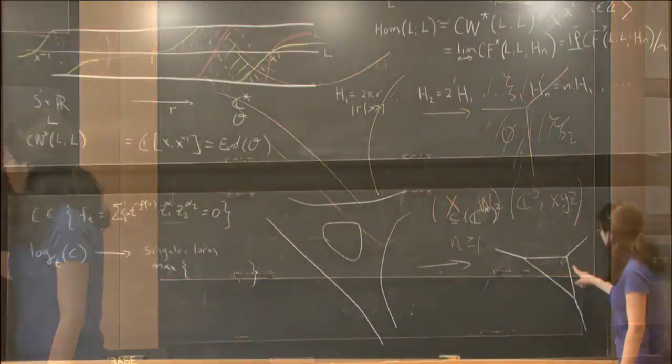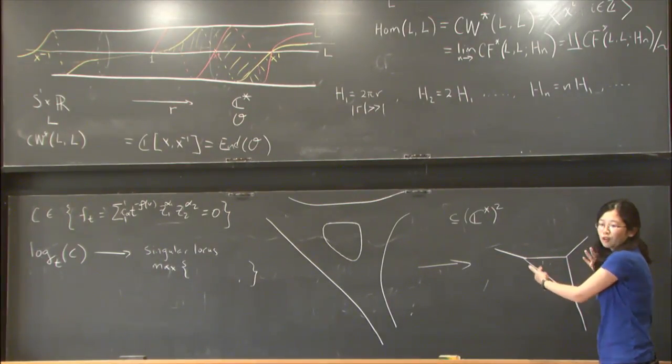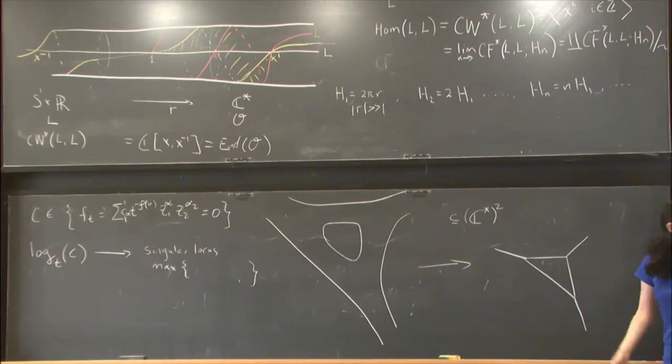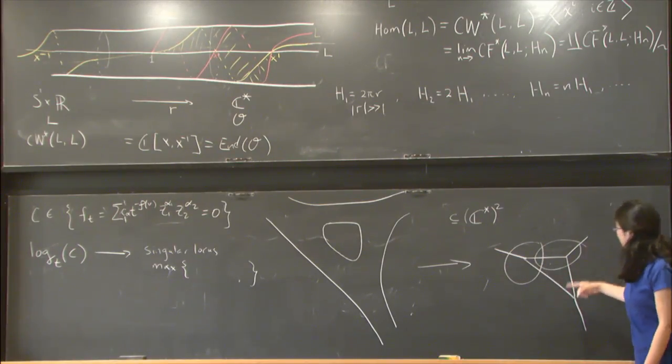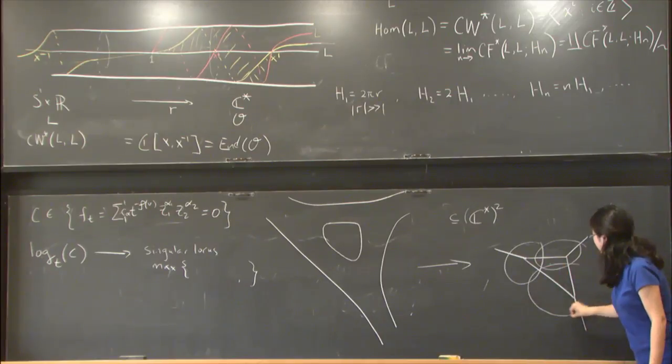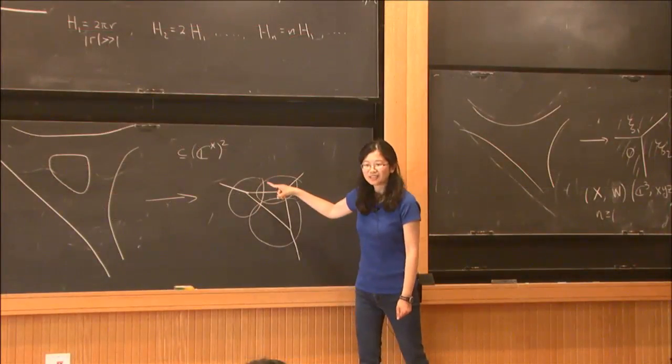There are some functions we can put on this, and then it just looks like this picture folded up. That's the moment polytope of the mirror. And the point is, you can cover the mirror by things that look like the corner of the wall, which are mirrors to the pair of pants. So there is this cover of the mirror by affine toric charts.